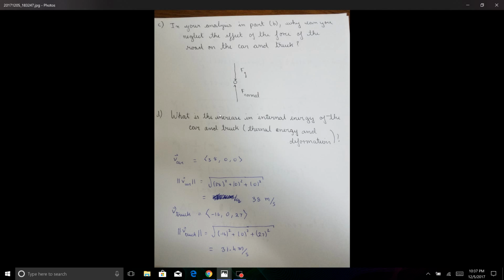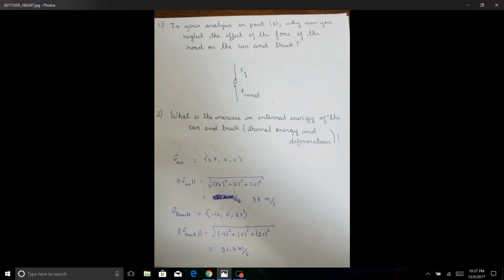So they basically cancel each other out. And since the time interval we take is really small, we can basically neglect it. So that's the answer for part C.